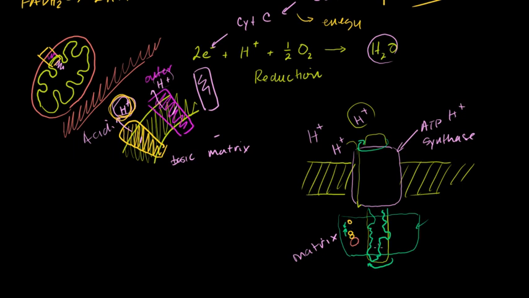And actually the current thinking is it does it on 3 different sites simultaneously. So as this spins around, ADP and phosphate groups kind of show up on the inside of this housing. You could imagine like that. And I don't even know if it's on the inside, but they show up on the housing.